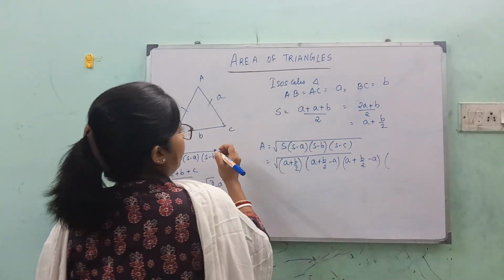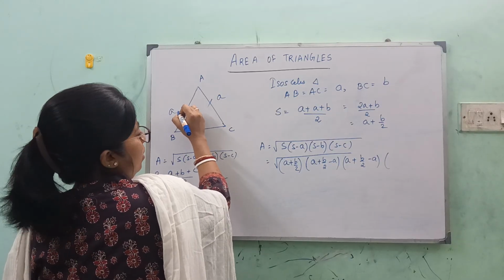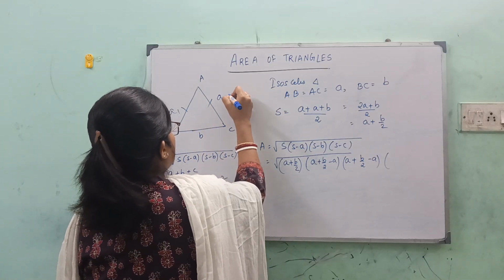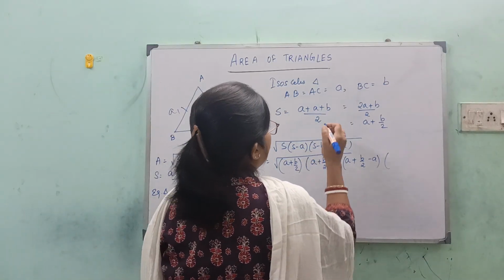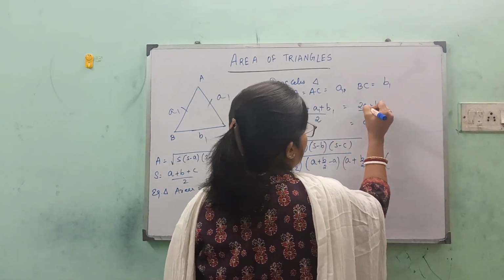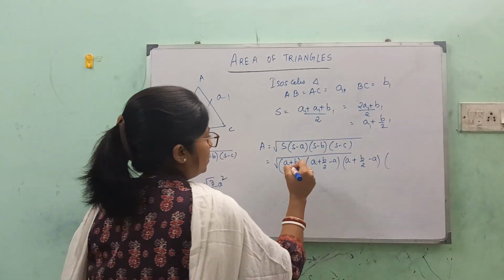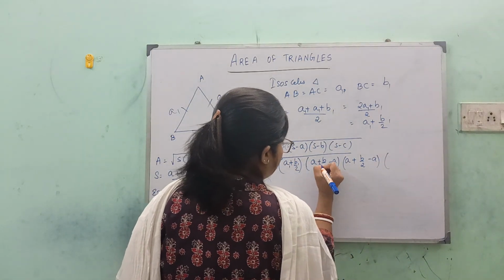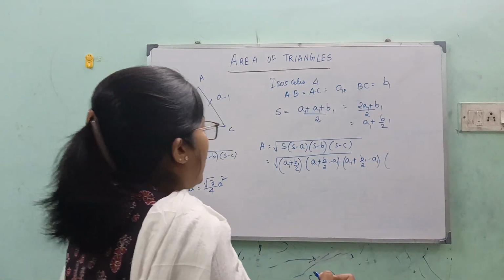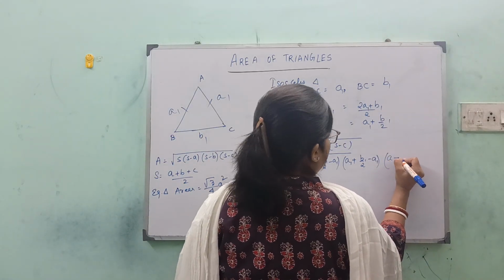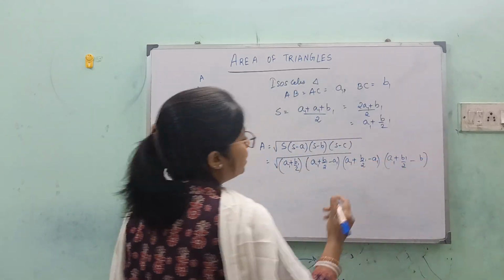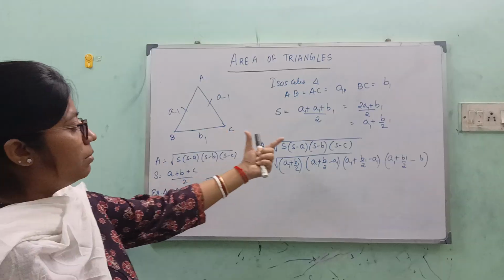For your benefit, so that you don't get confused, let us write a1 and b1: a1 for the equal sides and b1 for the third side. Putting the values in the formula, for the third factor it is a1 plus b1 by 2 minus b1, the side C representing b1.